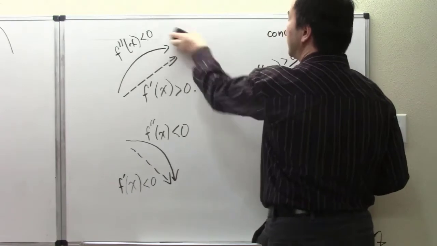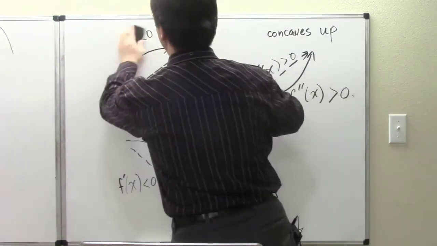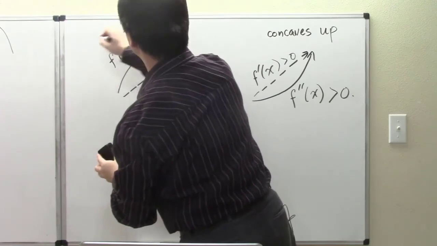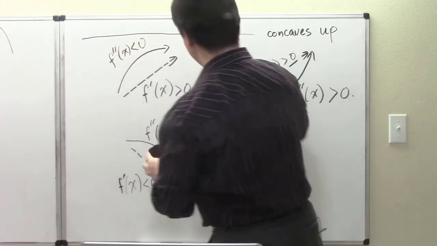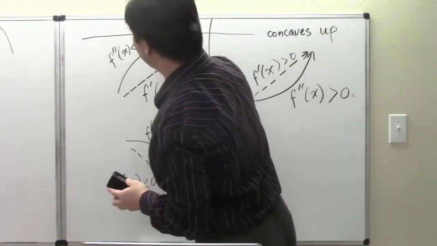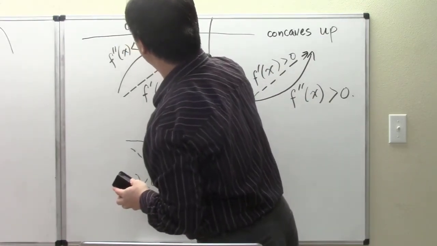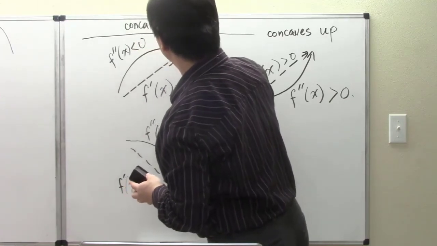Now putting it all together, if we're seeing that as a table, these two cases here refer to all about the function concaves down.